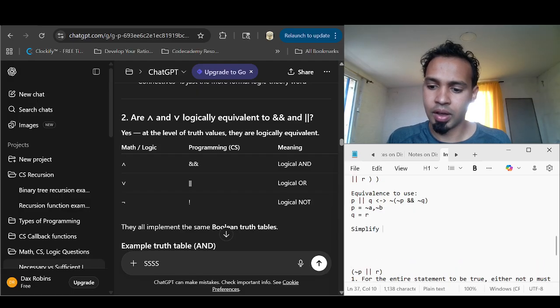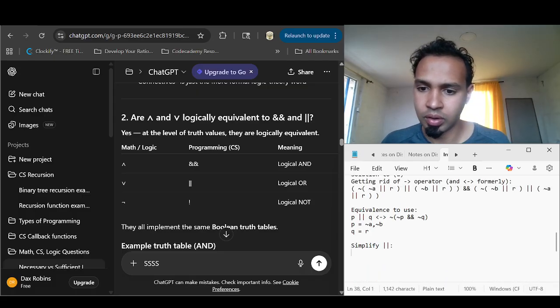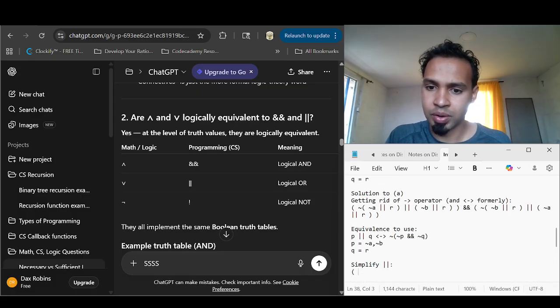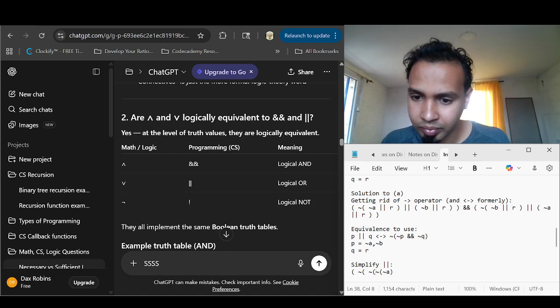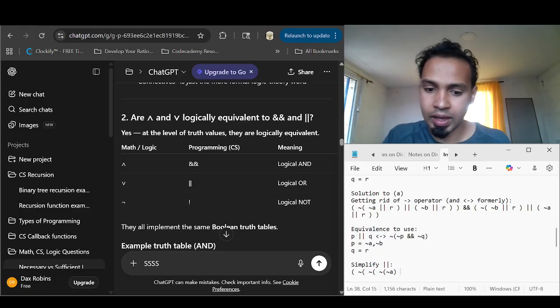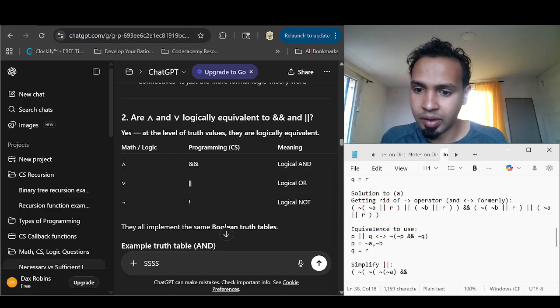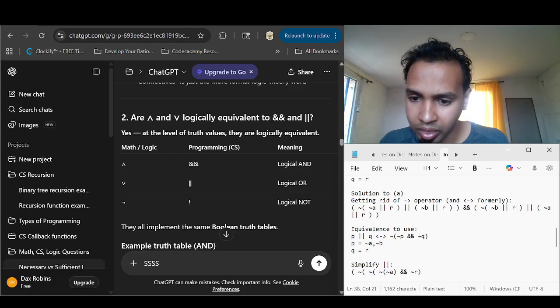We're going to simplify ands, or simplify or. So first parentheses, it's going to be not, parentheses, not again, parentheses, not. Oh my gosh, there's so many nots. Not A, because P equals not A, right? Not A, and not R. Is that right?